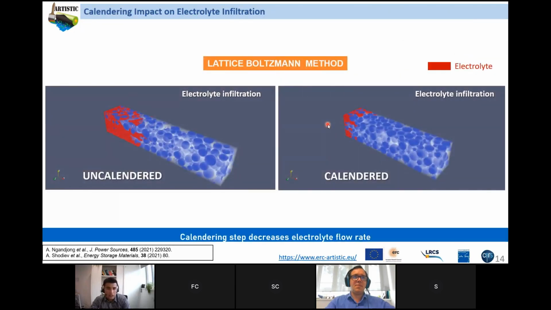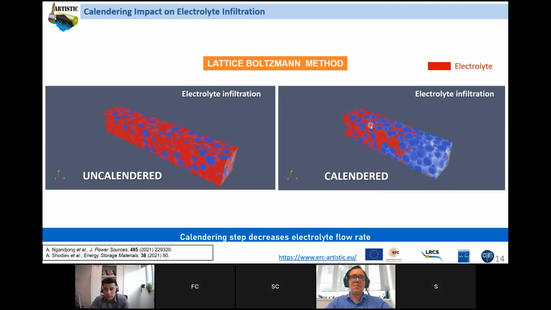Here, you can see these two kinds of structures, uncalendared versus calendared. So porosity and pore size distribution, of course, play a role in how fast electrolyte penetrates within the structure. And then calendering, of course, leads to a decrease of the electrolyte flow rate.